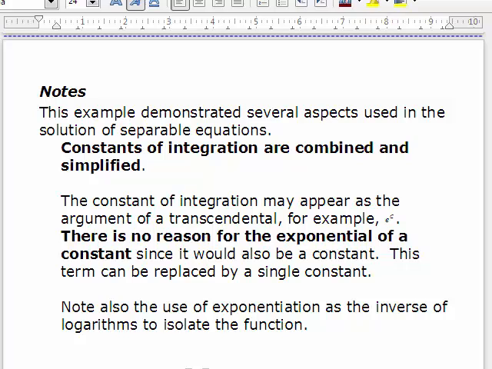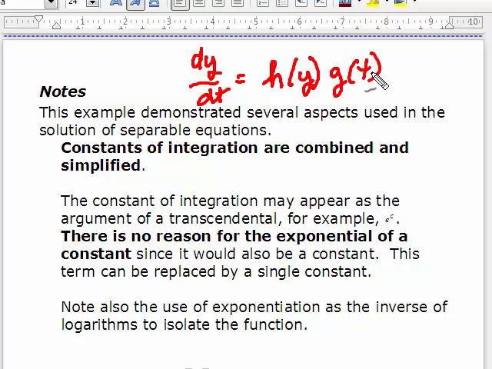So let's do a quick review of the method. You start with a differential equation, this will be a first order equation, and you find out that it's in the form of some function of y times some function of t, and that function of t could be 1. Those two have to be multiplied together. So when you have it in that form, you're going to pull the h of y over to the other side, and then the g of t remains there, and then you integrate.